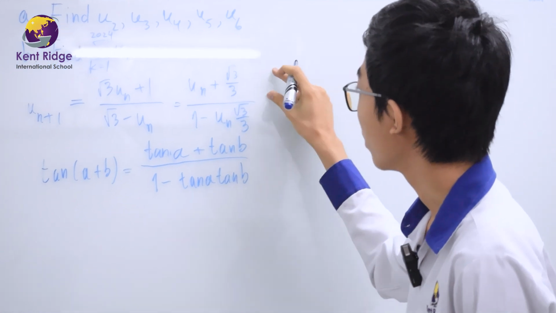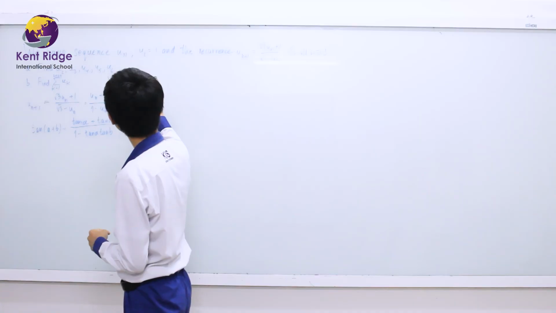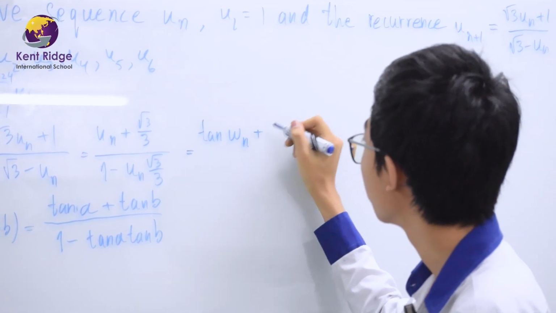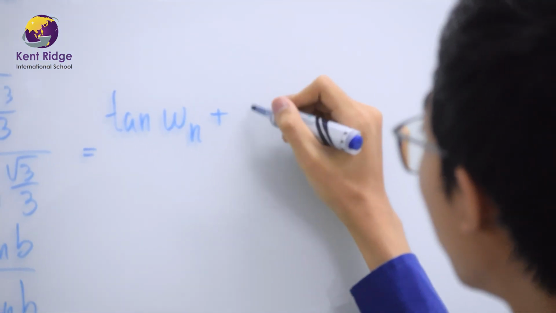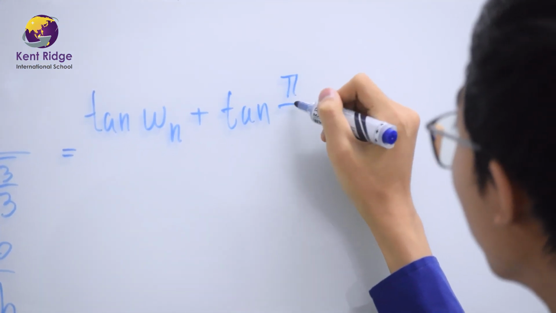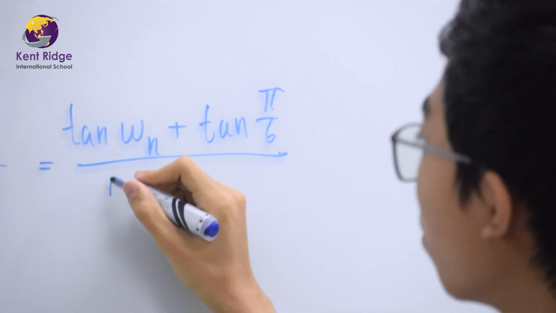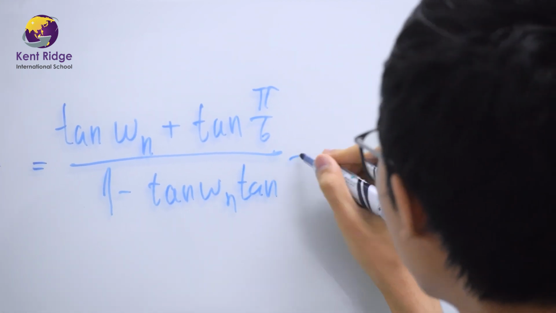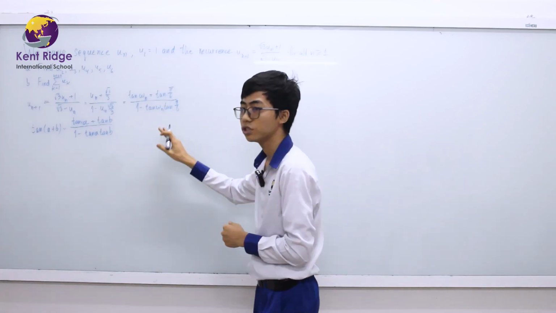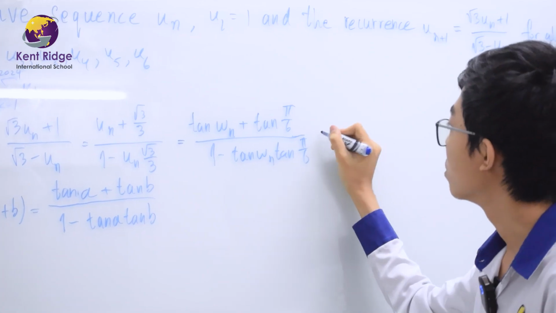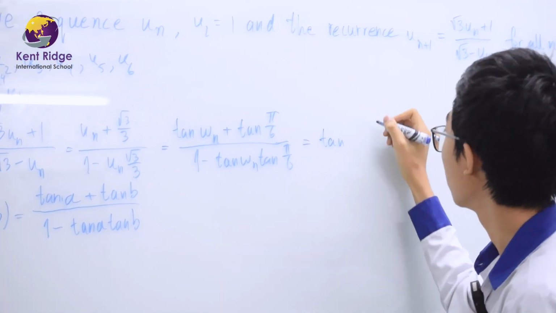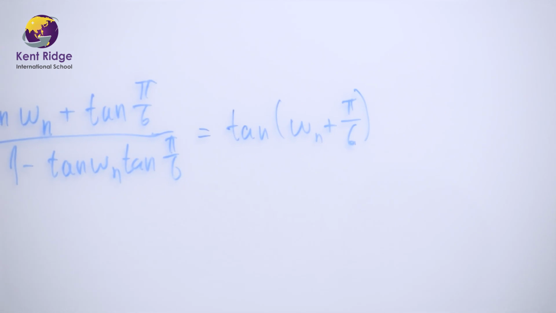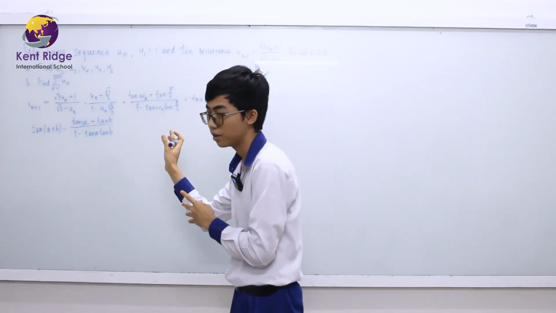So if we convert this, we'll get u_n will be tan of w_n, something that refers to n and changes. Then we have tan pi over 6. We just plug these two in, so now we have this. What we want to do is change this into this form so it's much easier to deal with. Nice, okay. Now that we have this, we can easily find the terms.